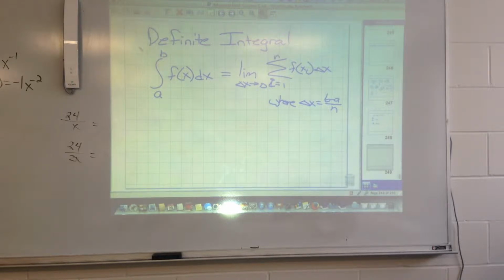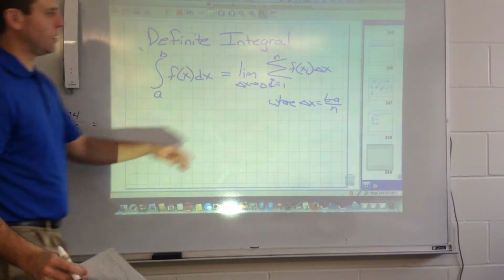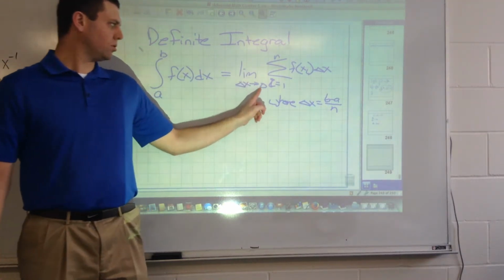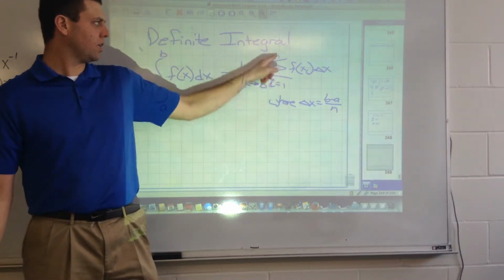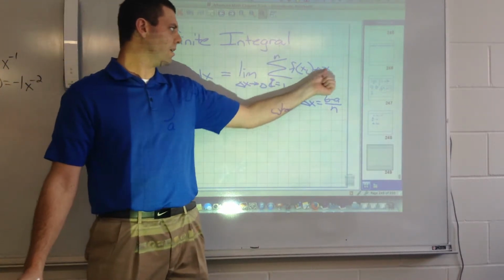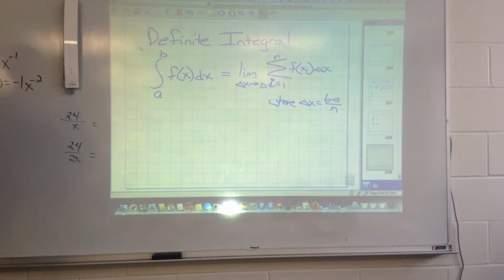What is the limit approaching of the change of x? The limit as delta x approaches 0. Oh, that's a 0, yep. The limit as delta x approaches 0 of the sum as i goes from 1 to n of f of x of i delta x, where delta x is b minus a over n. So it's very similar to what we were using for Riemann sums. It's written a little bit differently, but it's saying, in a sense, the same thing.